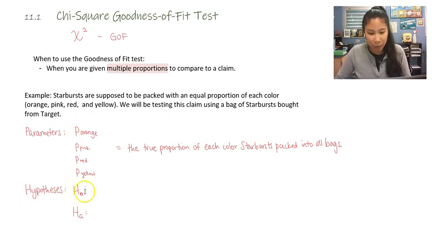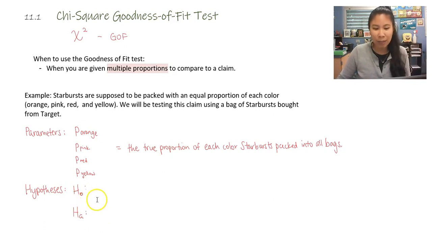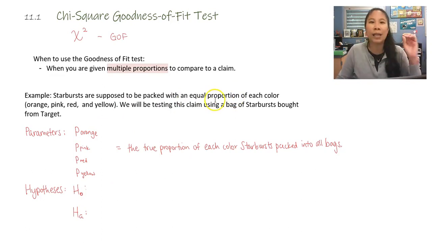Then writing our hypotheses, because we are comparing multiple proportions here, our null hypothesis was always when it was equal. So here the same thing, we just have to set all of our proportions equal to each other because the claim was that each of the proportions should be equal to each other. The claim might say something like, this proportion has to fit a certain percent, this proportion has to fit a certain percent, and so on.